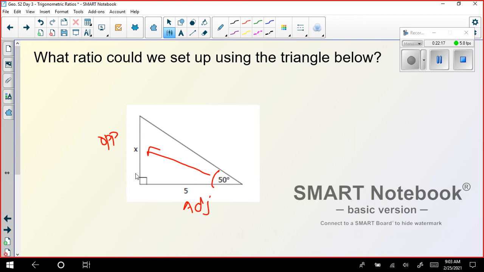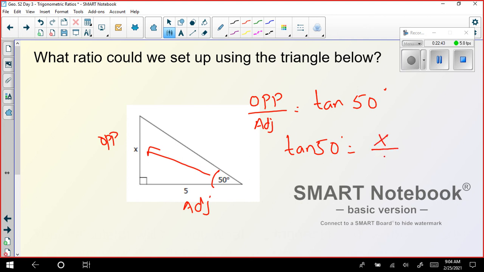Okay, and I know that opposite over adjacent is nothing but tan, right? Tan of what particular angle? This angle. This angle is 50 degrees. So I can write tan 50 degrees equals opposite over adjacent. In this case, the opposite is x and this is 5.